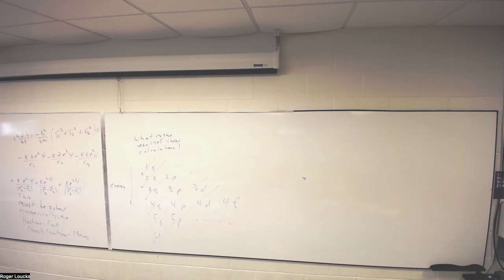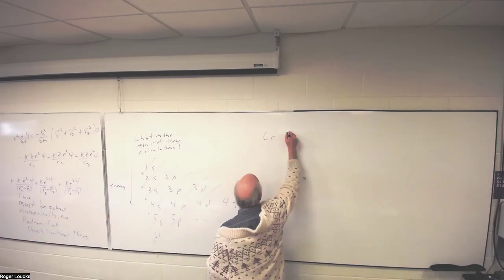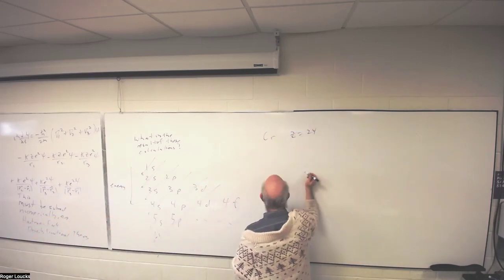What's chromium? Z equals 24. Okay, so let's do chromium. Z equals 24.